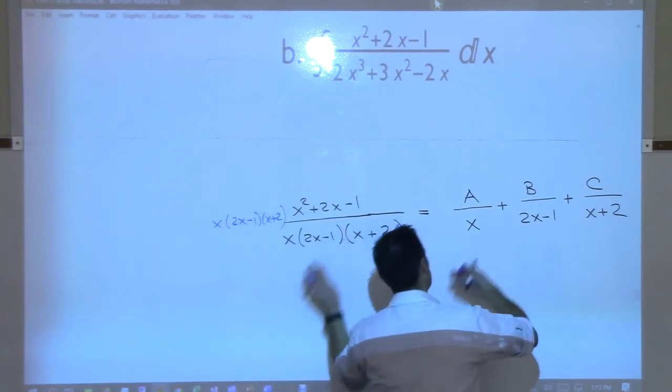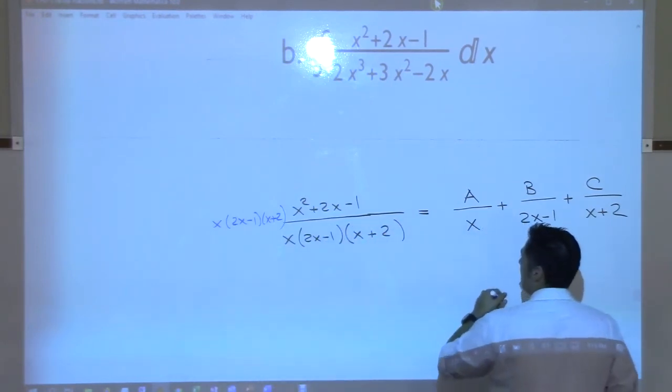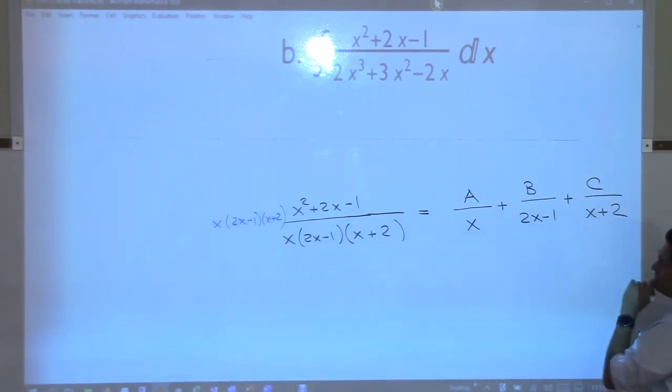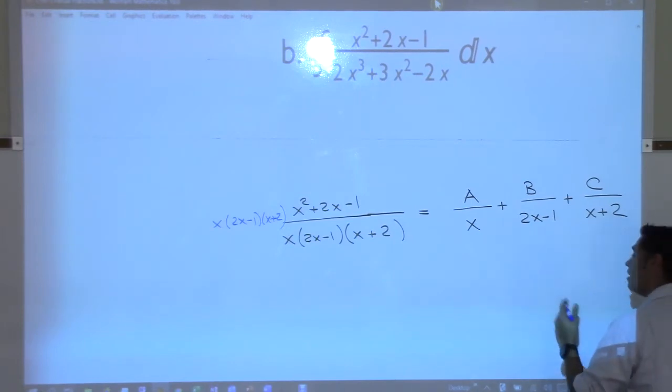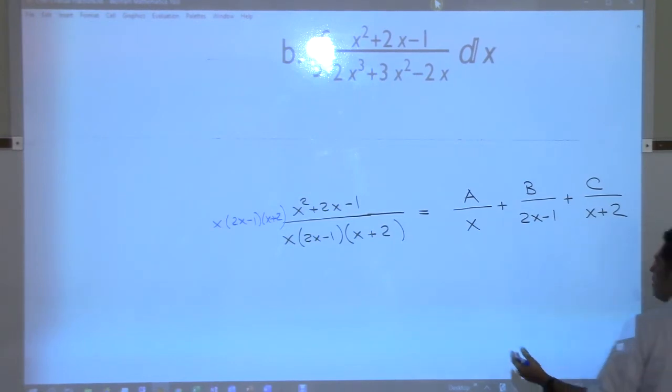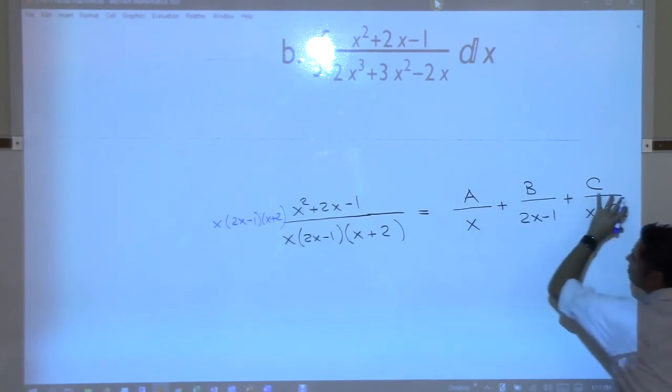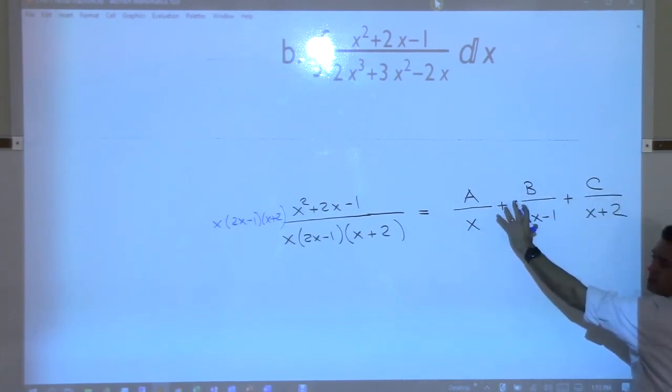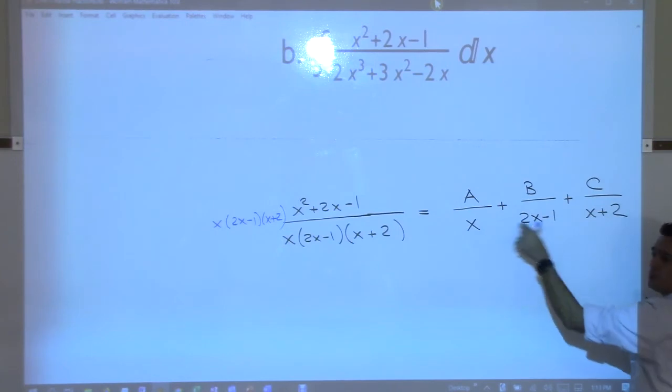And whatever I do to one side of the equation, I have to do to the other side. So I'm going to squeeze this in here. When I multiply this side by the LCD, it distributes through to each of these three terms.